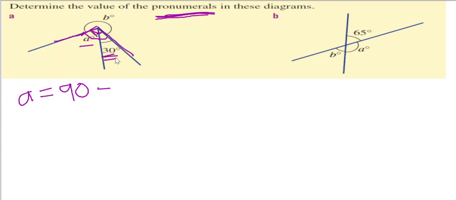So we do 90 take away 30, so angle A equals 60 degrees.